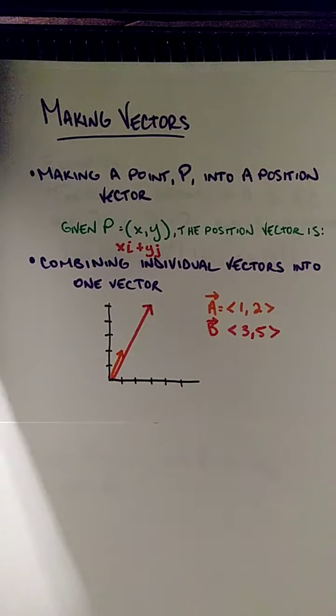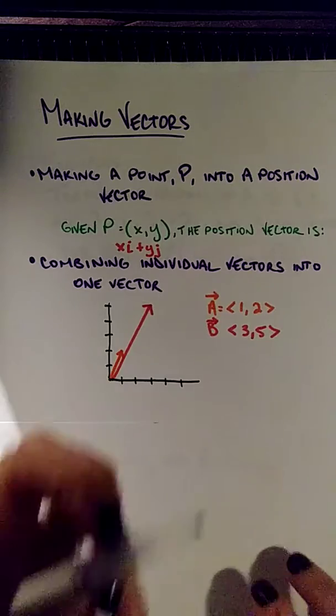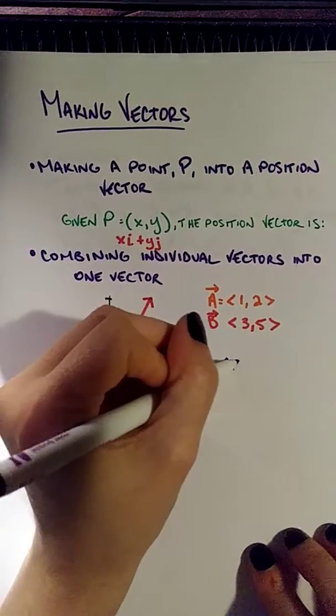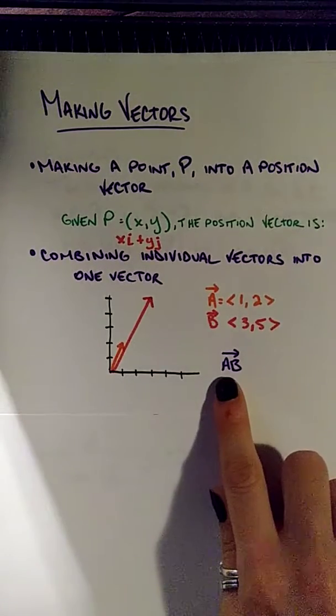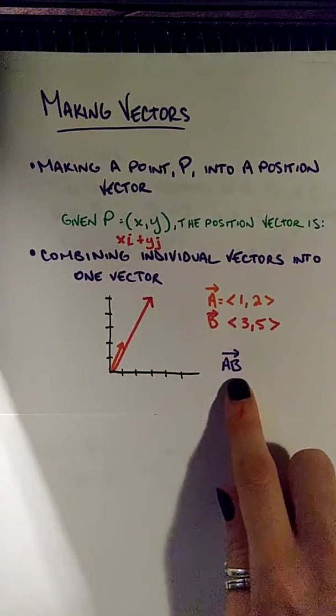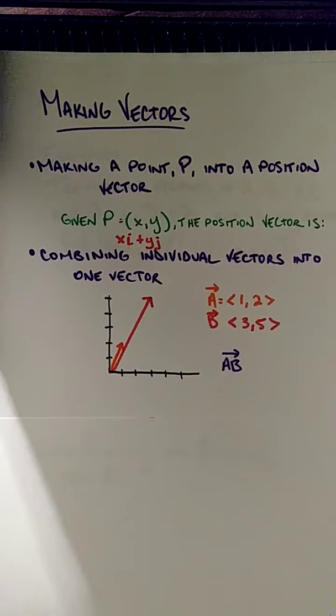Let's say I wanted to find out how far it was from A to B. The way we could write that is AB with a line over it. That means I'm starting at vector A and I'm going to vector B, and I want to find out how far that is.